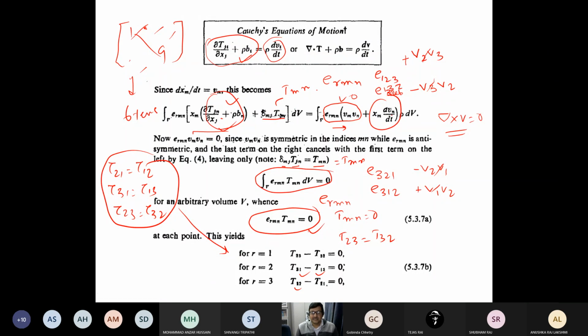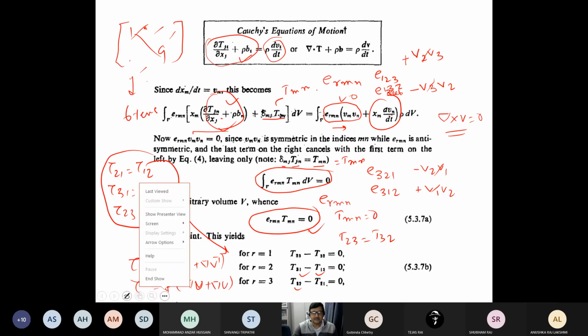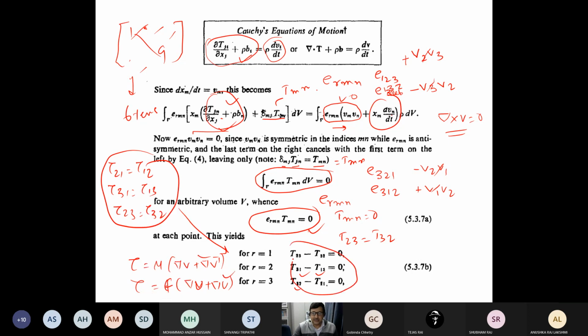It is the consequence of that. Now, if I write tau is equal to mu into gradient of V plus gradient of V transpose, or stress is equal to E into gradient of U plus gradient of U transpose, where U is the displacement and E is the elastic modulus, it considers this to be already embedded.